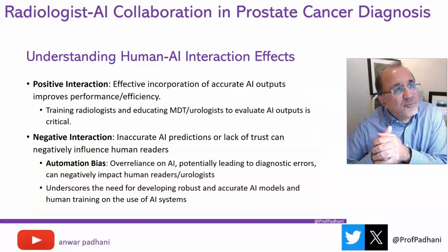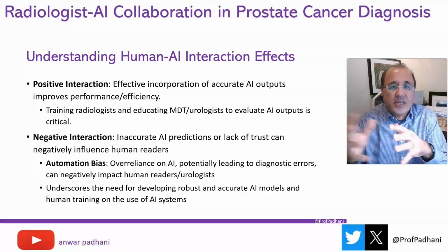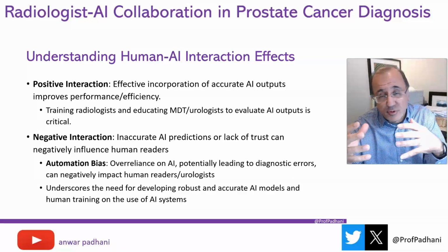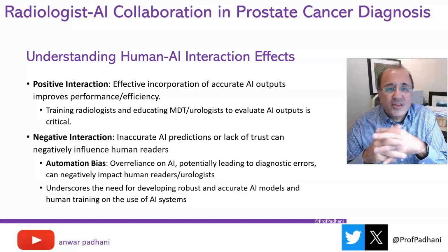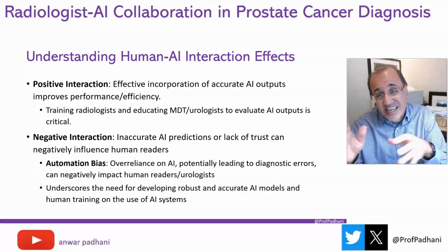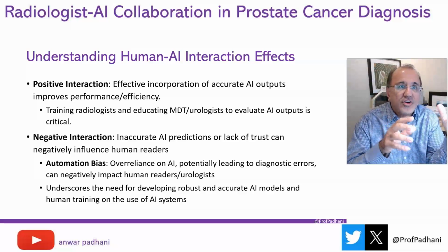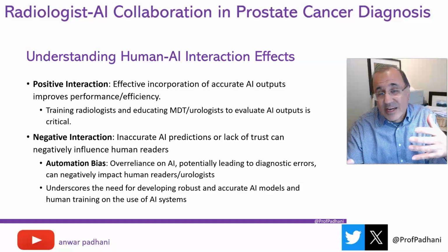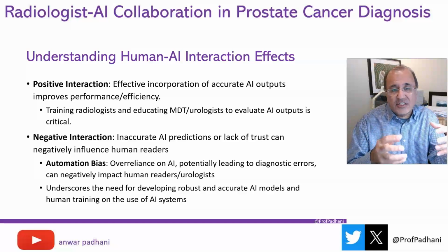So we've talked about positive interactions between the radiologist and the AI to deliver benefits in terms of performance and in terms of time efficiency. We've also said that training of the radiologists and educating urologists and MDTs is going to be critical if you are to overcome this issue of automation bias. And remember, automation bias is an example of a negative interaction.